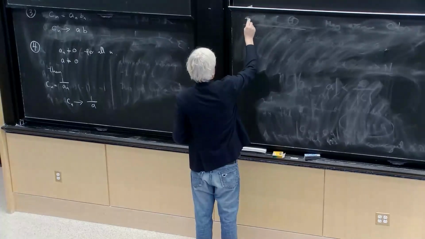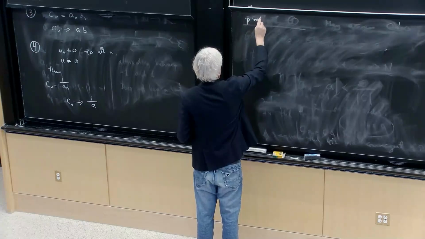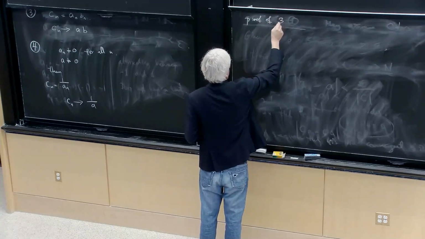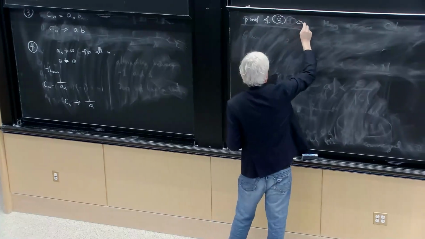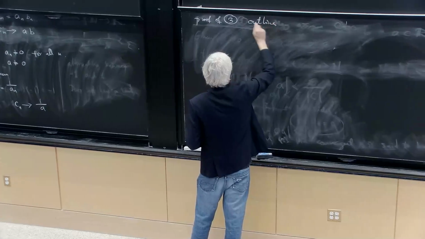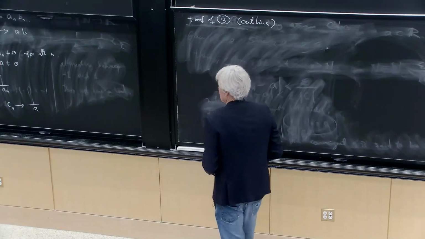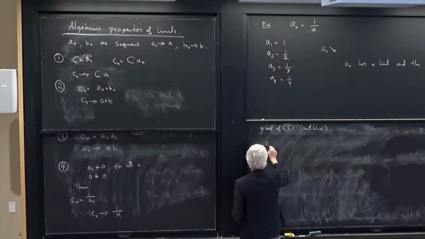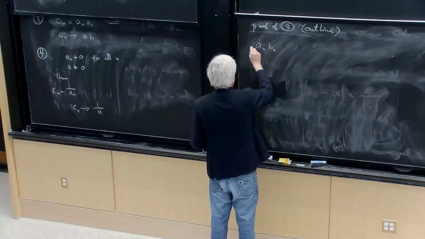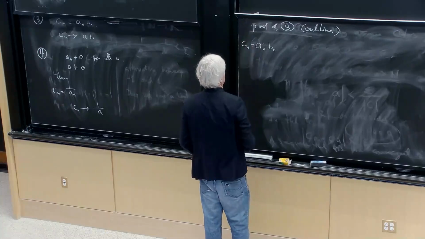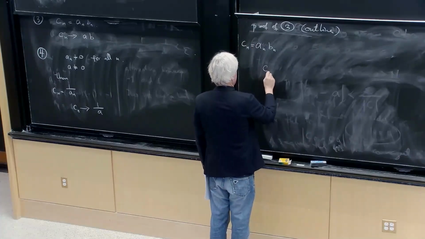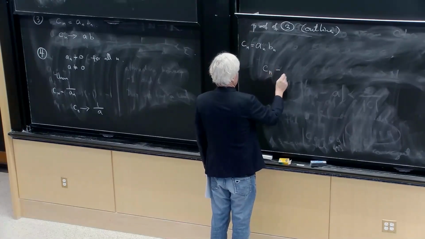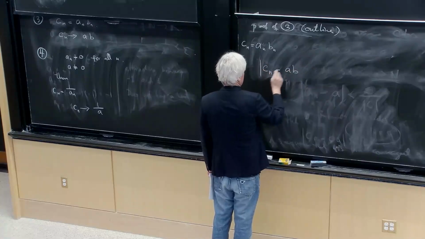Proof of 3, outline. So we need to look at a_n times b_n. So c_n is a_n times b_n, and we want to compare c_n with a times b.